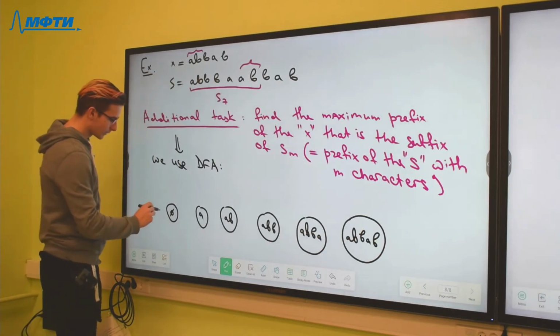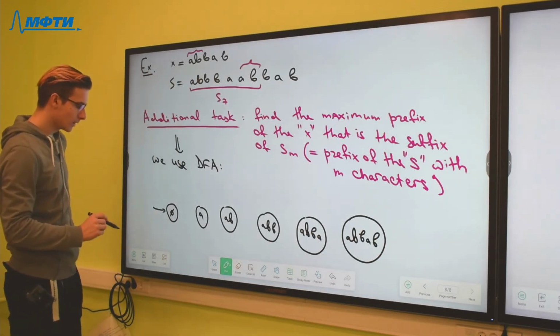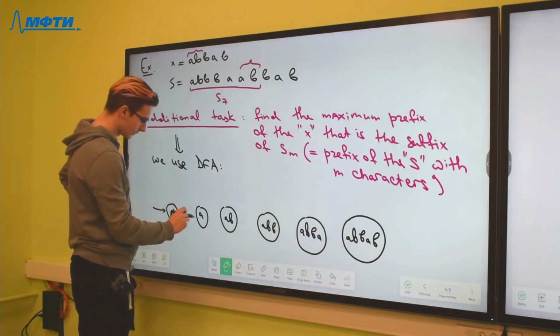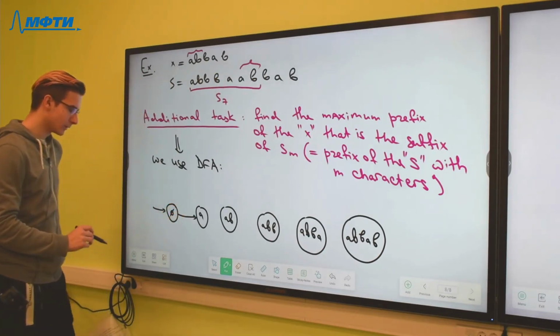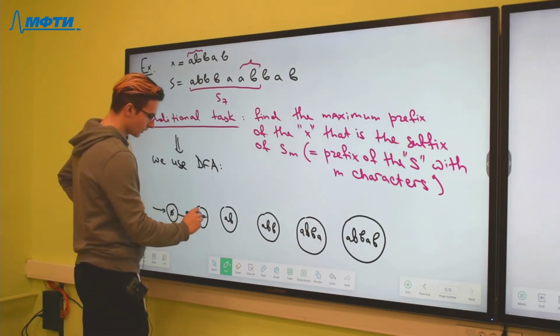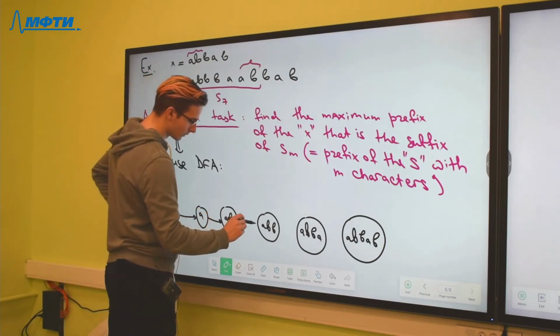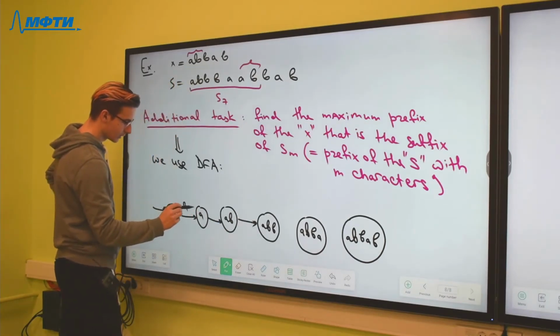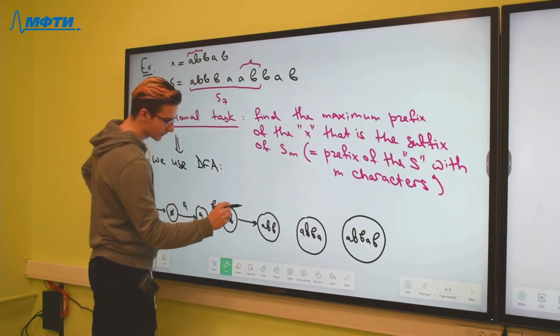Of course, the initial state is equal to 0. And we can write these edges in a very understandable way: they are equal to these characters.